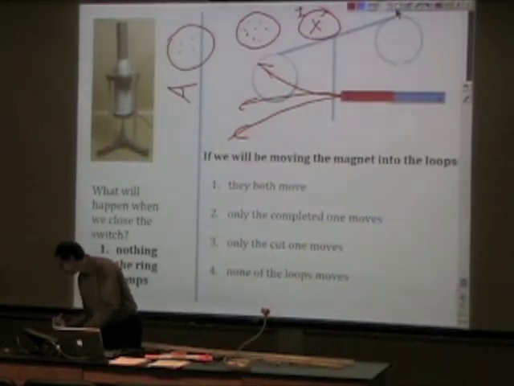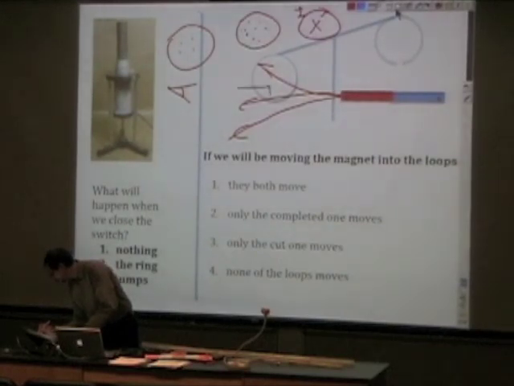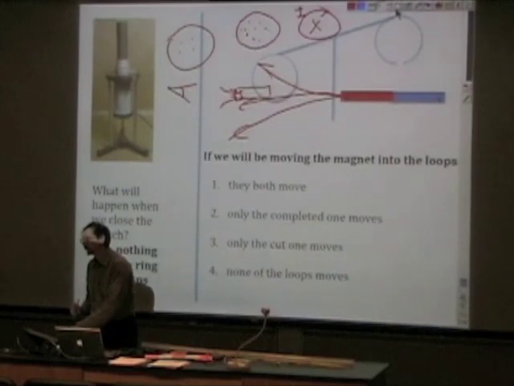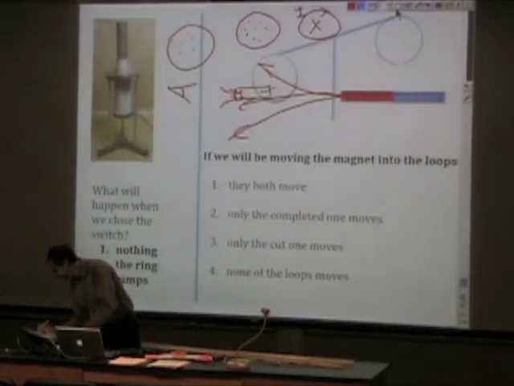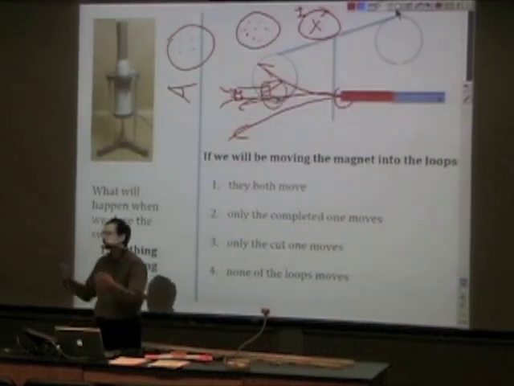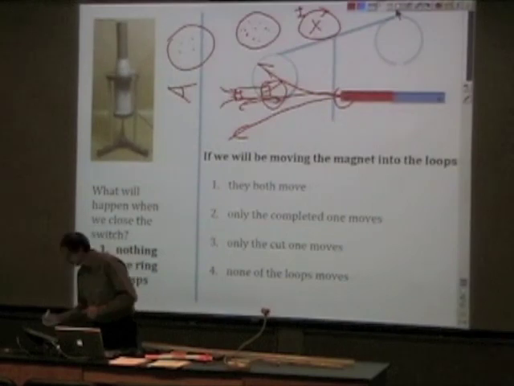Now, relative to the observer, this loop now looks like this. South, because magnetic field lines go away from the observer. If this is south, that is acting like a north. So we have two like poles, north and north, and they repel each other.